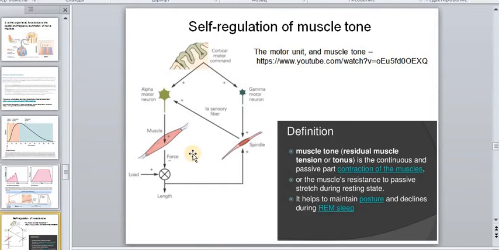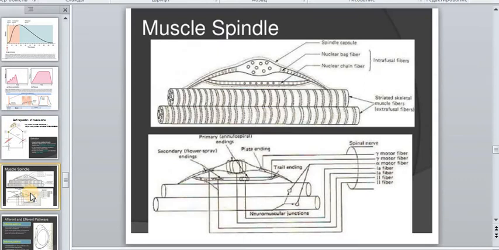Next slide, you see self-regulation of muscle tone, and I will leave the links about this control. We have already analyzed this issue in the previous practical. I will leave the links to the video, and that will help you understand this topic in more detail. On the next slide, you need to remember what a muscle spindle is.